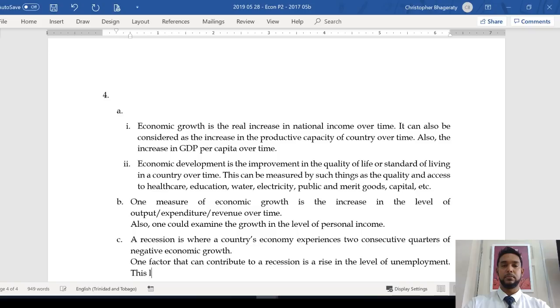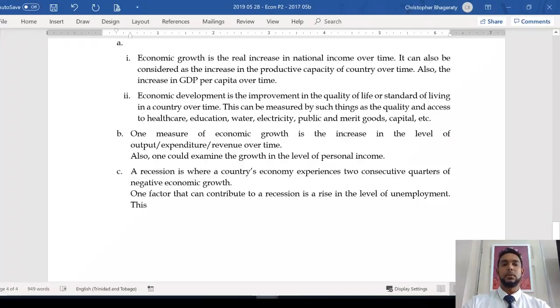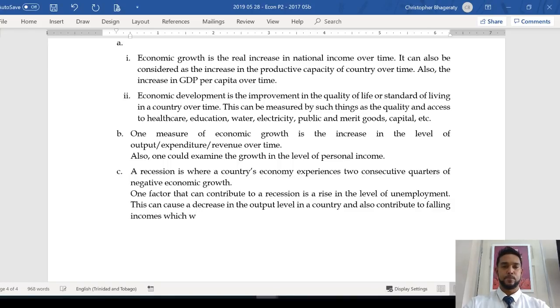This can cause a decrease in the output level in a country and also contribute to falling incomes, which can have a knock-on effect of an overall decrease in demand for goods and services.